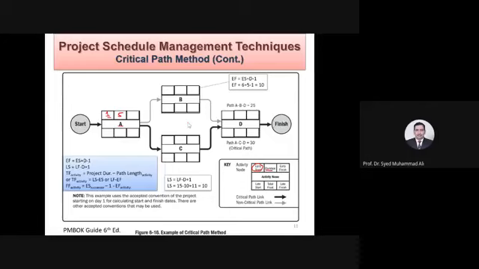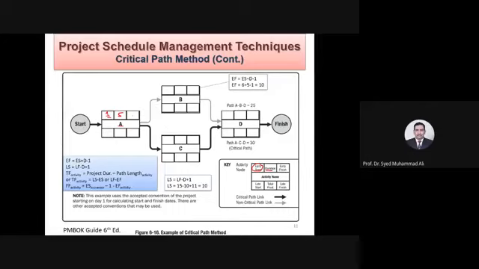For example, excavation, for example, anything. Let me not go into the discussion of how it will be 5, but somehow after discussions, whatever method you used, the optimum time, the earliest time, the pessimistic time, you came to the conclusion that a reasonable time is 5 days. We will be able to manage. It's neither too tight nor too much. It is doable. So 5 days is the duration.